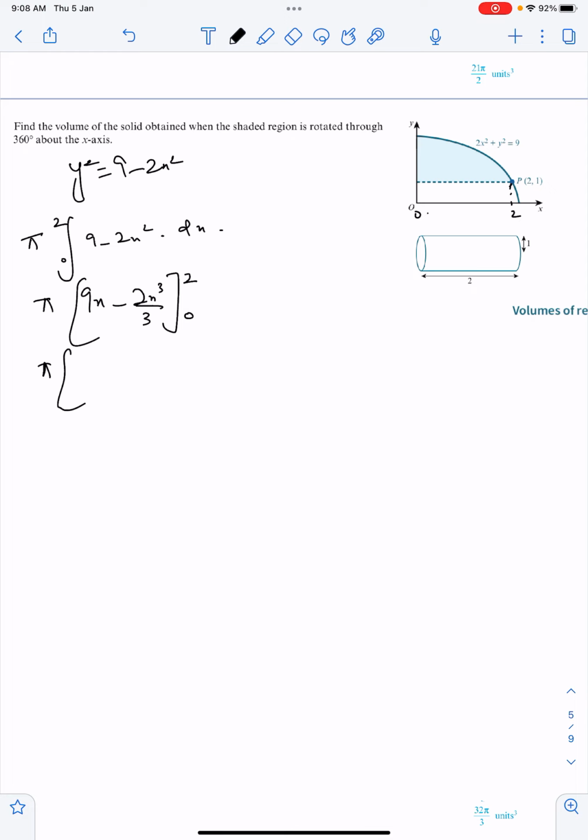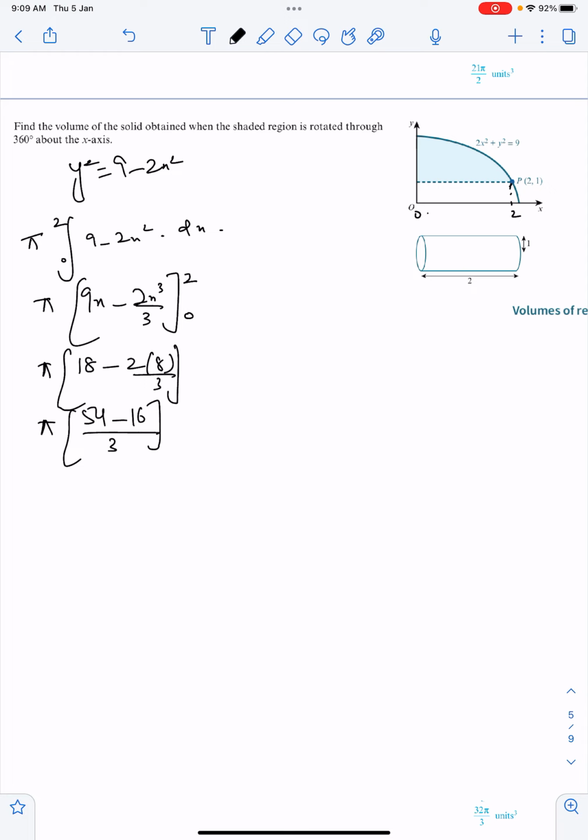This becomes 9 times 2 is 18 minus 2 times 8 upon 3. This is the first boundary I have applied, minus 0, because whenever you have an x and you put a 0 in, it becomes 0. So there is no effect of this. I am simply simplifying this, which gives me 1 over 3 times 54 minus 16.